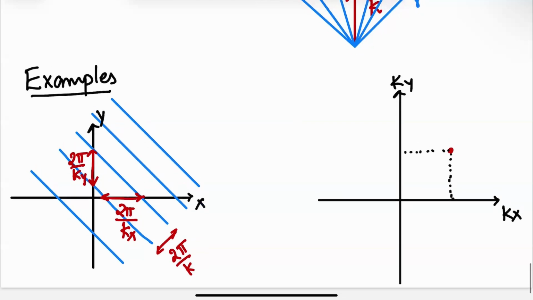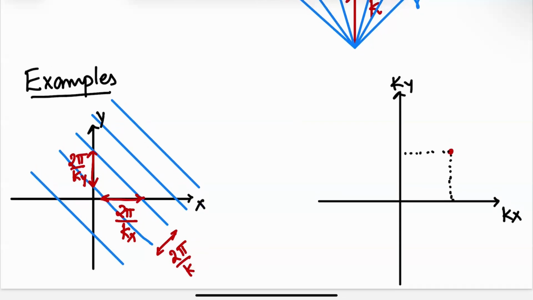Now if I take this one step further, and draw a vector here that has that length, then the length of this vector would be K, and the direction of this vector would be the K vector. So this is exactly the K vector, in fact. Here the K vector is like this, right? It's a plane wave propagating in that direction.